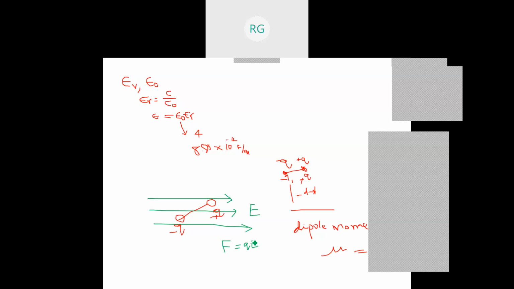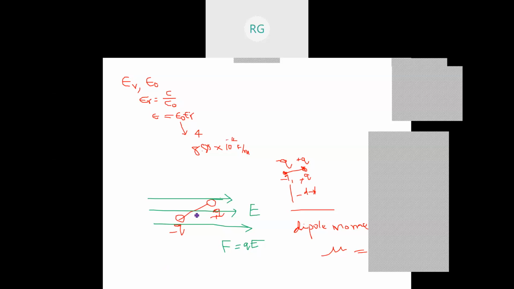Therefore, when a dipole is kept in the external electric field, a force F equal to the product qE acts on it. When it is acting on dipole 1, you can see that this is plus q, therefore the force is in this direction. Okay?